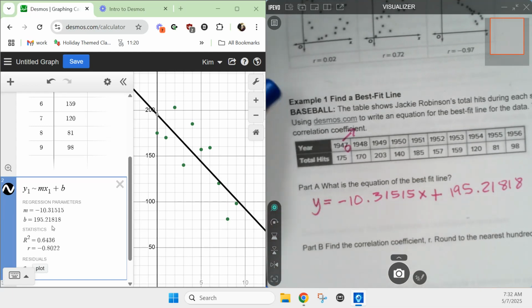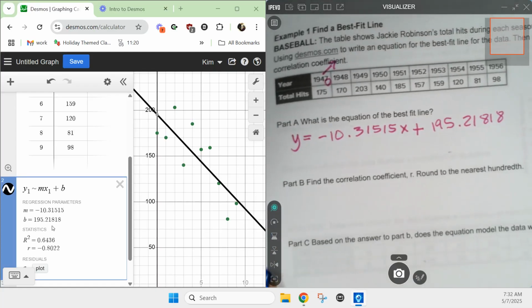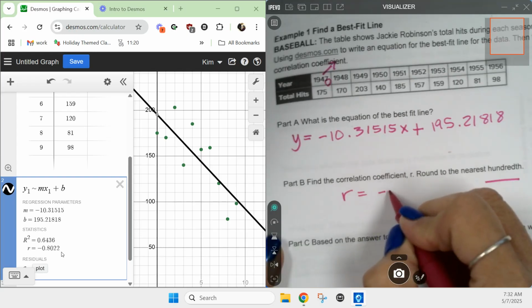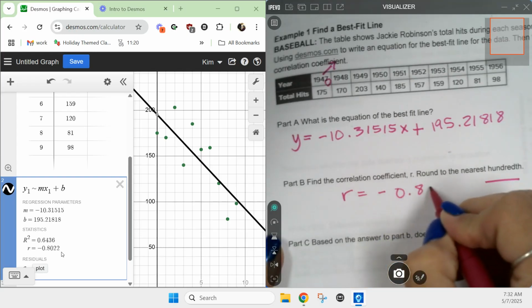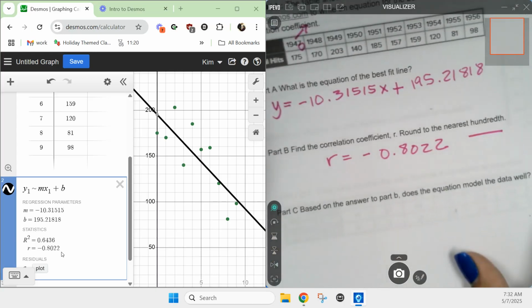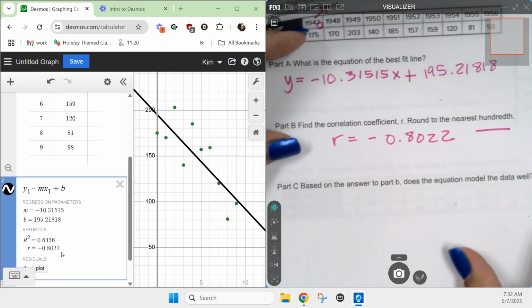So the next thing says, find the correlation coefficient, round to the nearest hundredth. Okay, so remember R is my correlation coefficient. So it says R equals -0.818. Now, based on the answer for part B, does the equation model the data well?